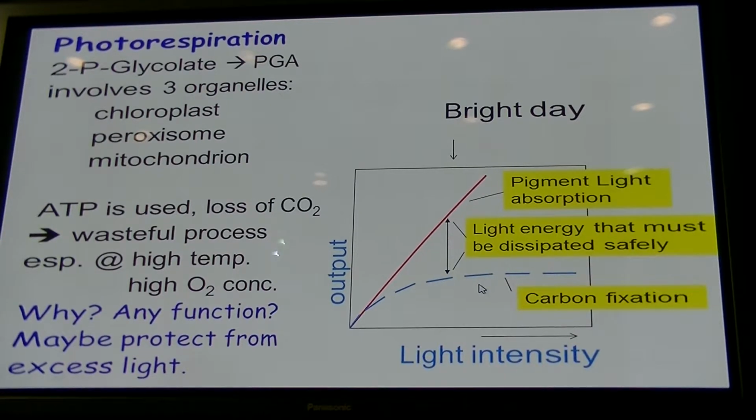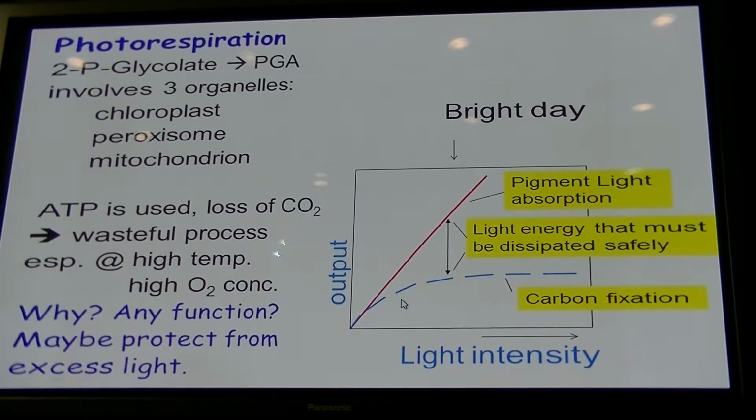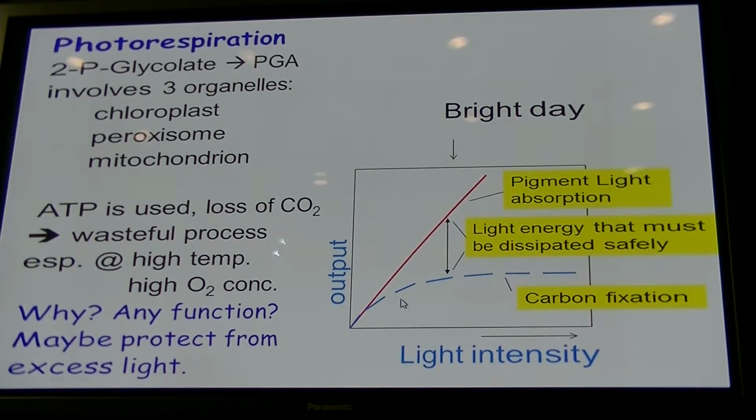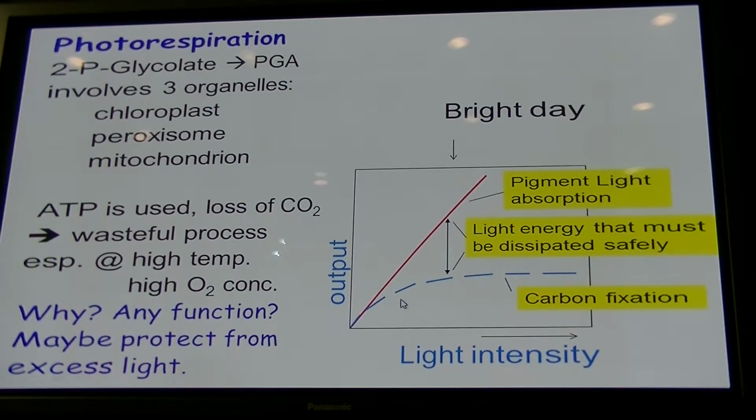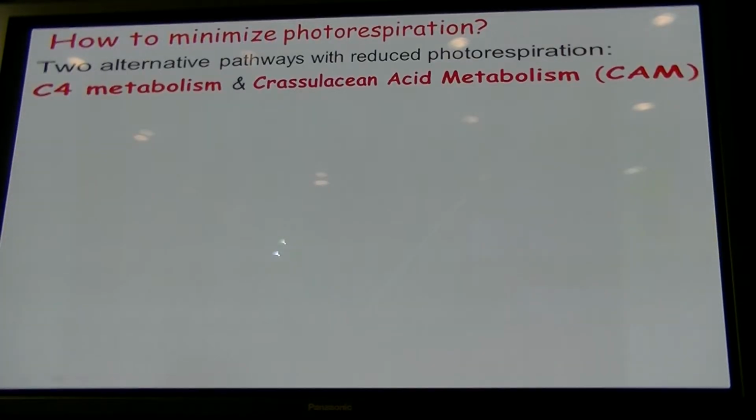So 30 times more light than we have here. The saturation point for photosynthesis is at roughly 300 to 400 micro-Einsteins. So take a light intensity that's maybe 3, 4 times, 5 times higher than what we're in here. Photosynthesis saturates. But bright sunlight outside can be 5 times higher than that. Just to give you an idea.